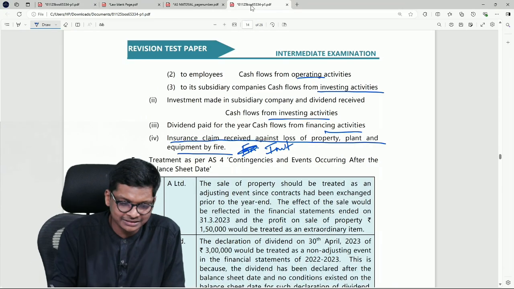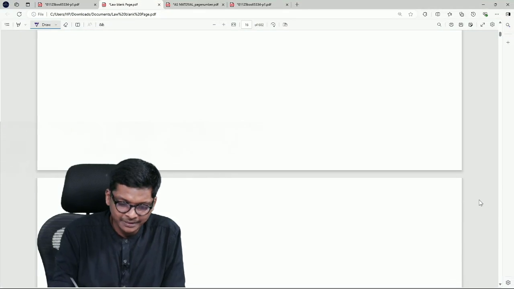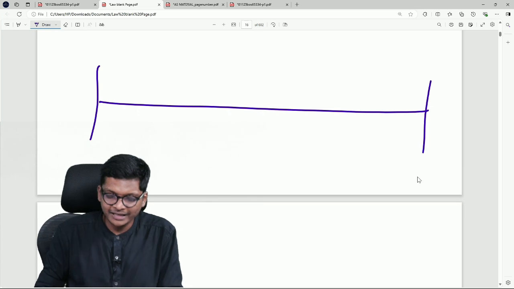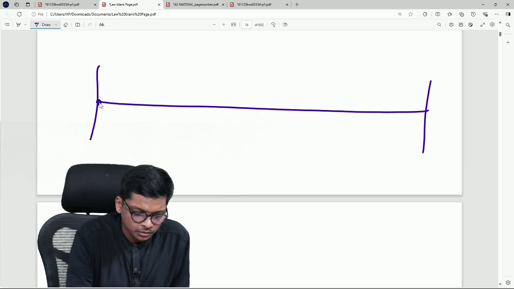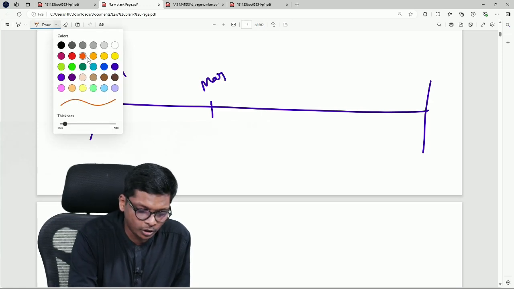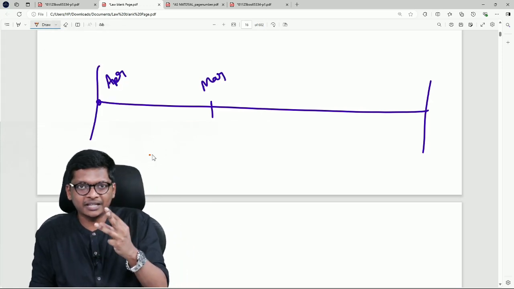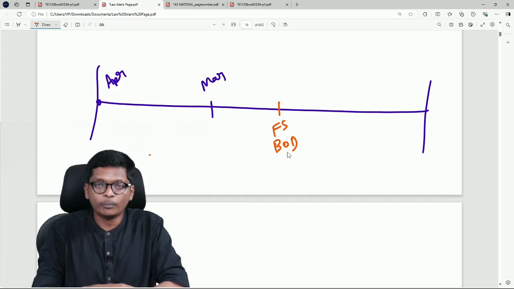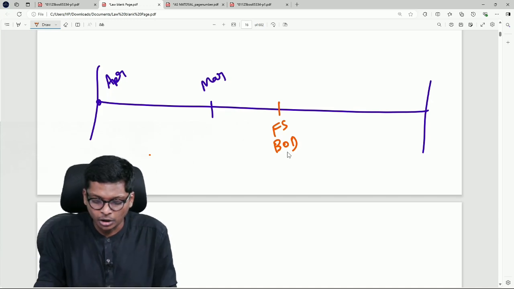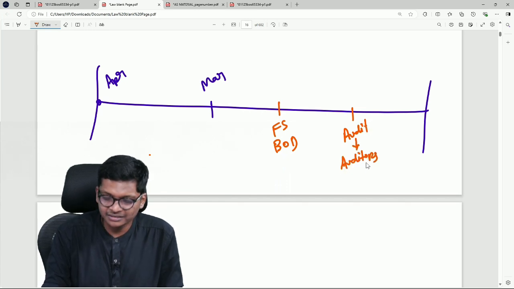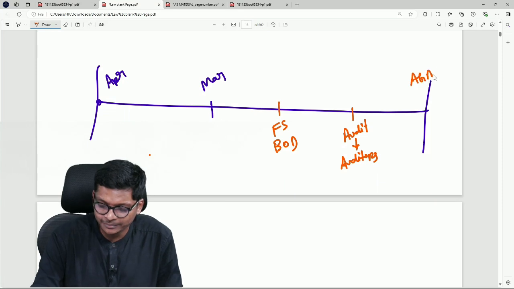AS4 talks about adjusting and non-adjusting events. Let me explain this, guys. Quick timeline. This is April, start of the year. Assume this is March, just giving you a small context. After the year ends, we have two timelines. One is when the financial statements are approved by the board of directors, and after that when the audit is completed by the auditors, and lastly when the AGM is conducted.